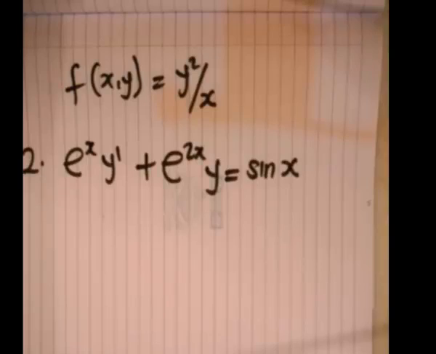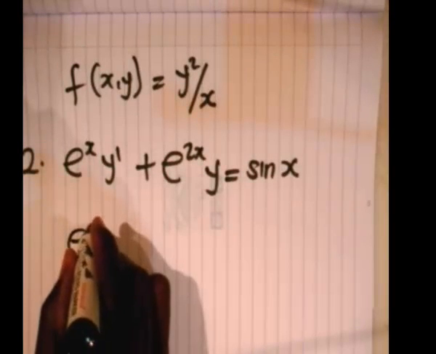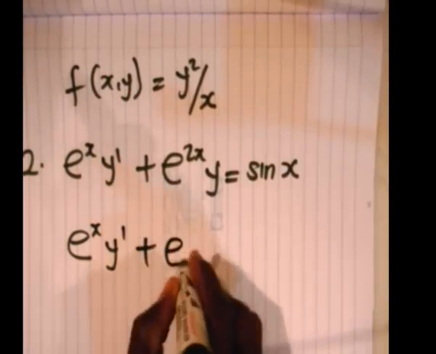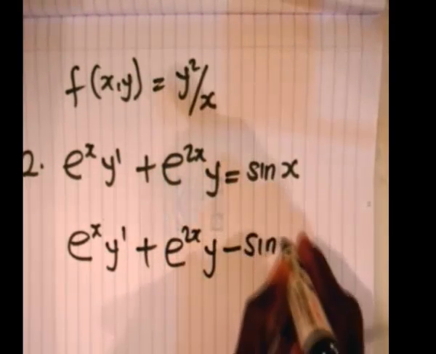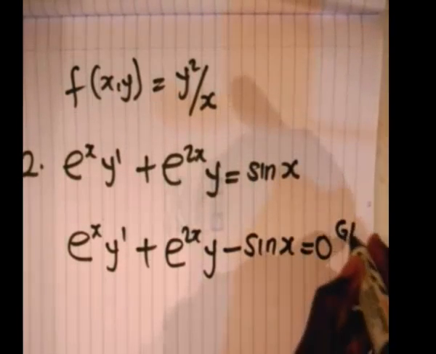The general form is not far-fetched from here. All we have to do is bring this sin x to the other side of the equation and equate to 0. e^x y' plus e^(2x) y minus sin x equals 0. This is the general form.